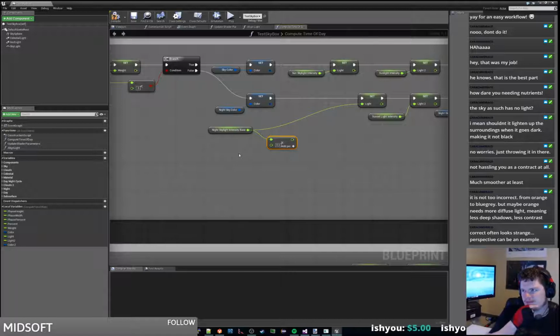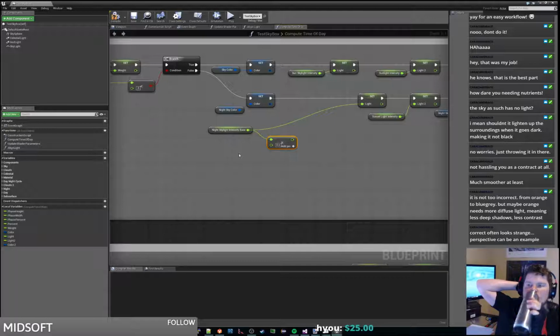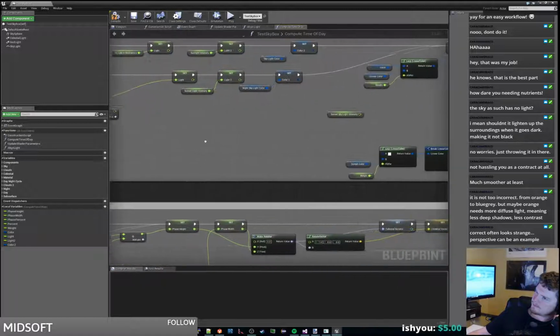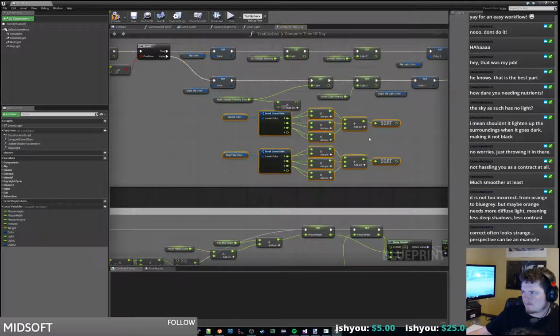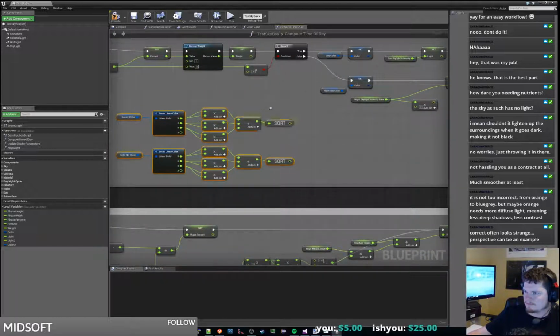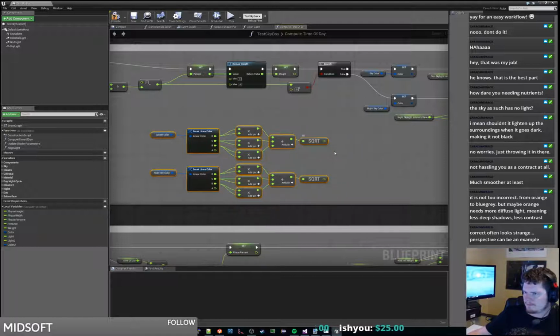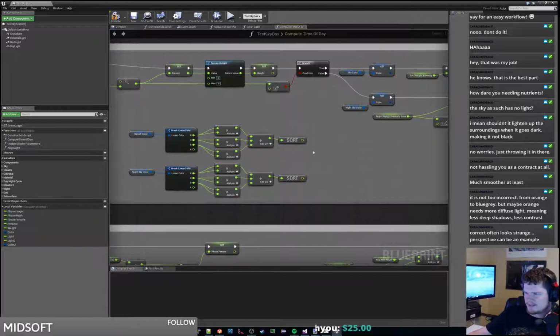So based on the weight, which is going to be between 0 and 1, we need to remap that to 1 to 0 to 1 again. And the confluence between them is going to be the magnitude of the night sky color divided by the sunset color.